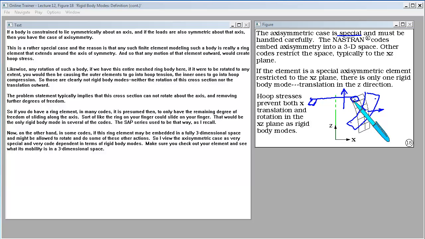The SAP series used to be that way, as I recall. Now, on the other hand, in some codes, this ring element may be embedded in a fully 3-dimensional space and might be allowed to rotate and do some of these other actions. So I view the axisymmetric case as very special and very code dependent in terms of rigid body modes. Make sure you check out your element and see what its mobility is in a 3-dimensional space.